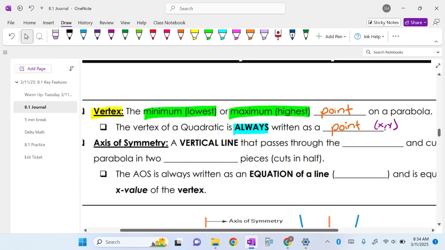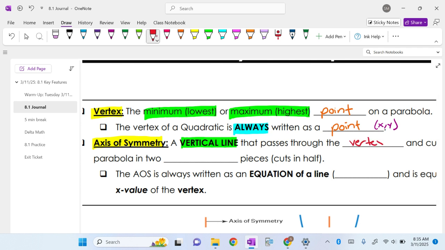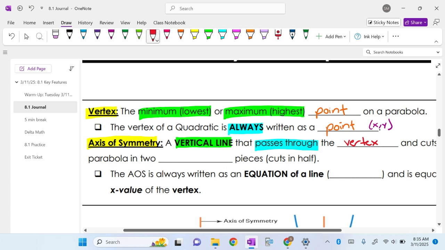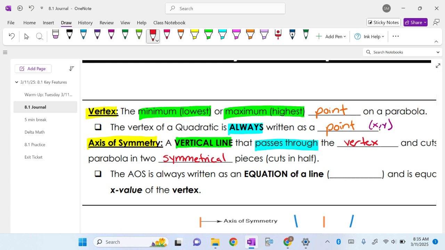Now, axis of symmetry goes along with vertex because it's a vertical line that passes through the vertex. So it goes through the vertex and cuts the parabola into two symmetrical pieces. All right.